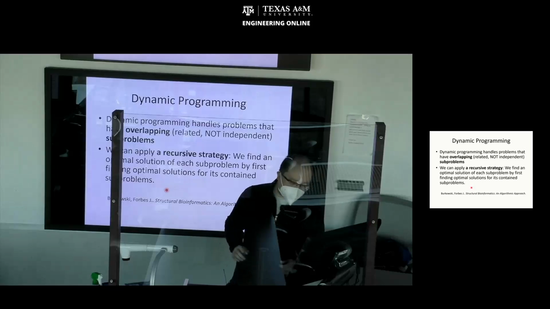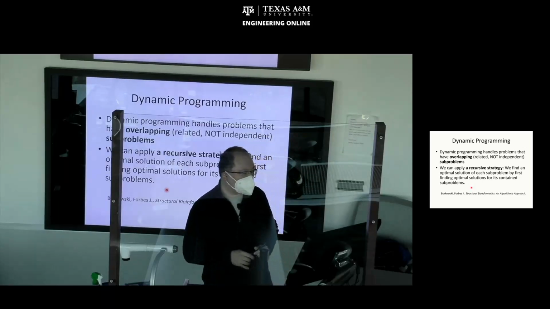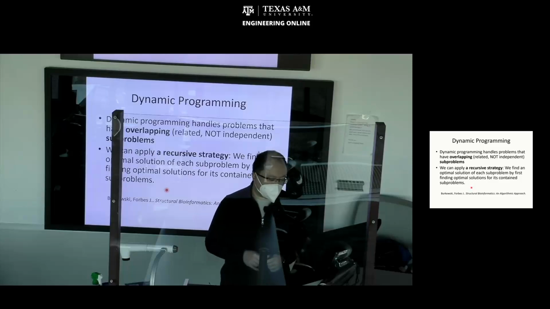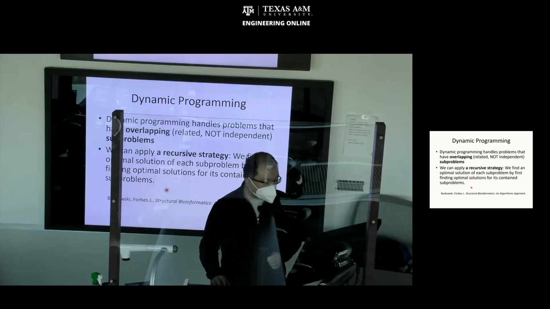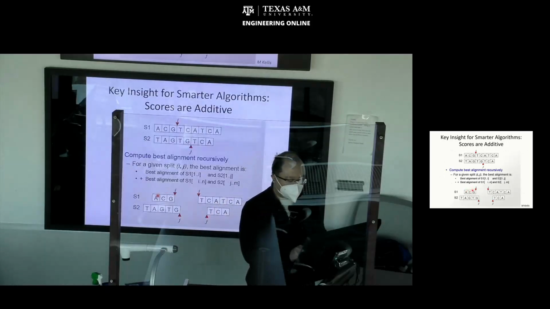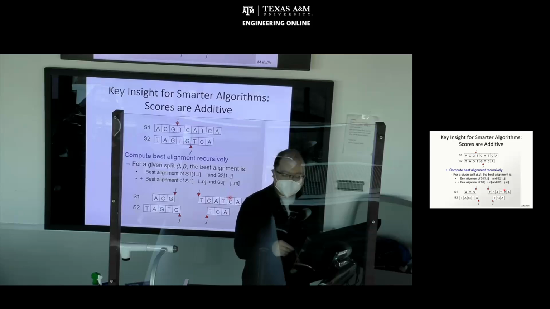Okay, so this is actually what motivates us to solve the problem using dynamic programming. So the dynamic programming basically handles the problems that have overlapping subproblems. If you don't fully understand what I mean, in this case, you could consider aligning two very long sequences, but you could also consider that it can be split into problems of, for instance, aligning these substrings, right?